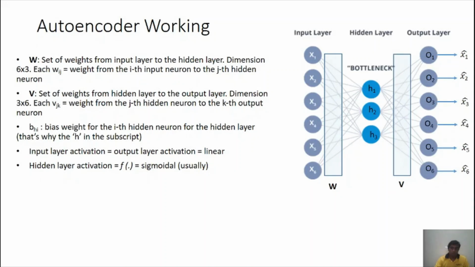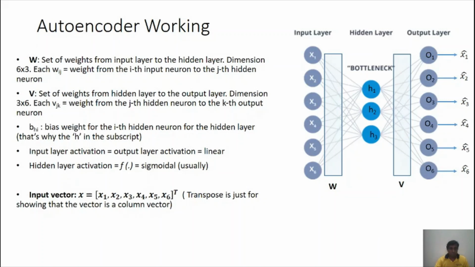In MATLAB, you will find this being referred to by the term logsig, which is basically the same thing, 1 by 1 plus e to the power minus n, where n is the input. So this is what typically is used. You can have other activation functions also, but please remember that you need an activation function which is continuously differentiable. Tanh also will do.